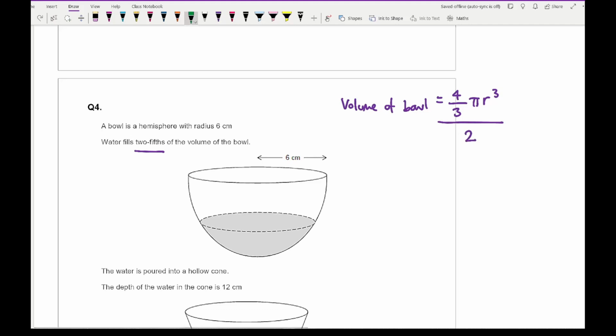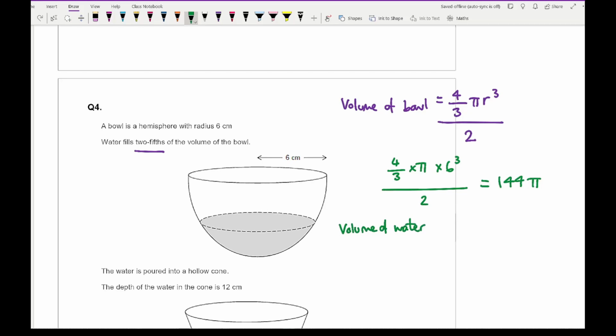So working that out, I'm going to get 4/3 times pi times 6 cubed, all divided by 2, and that gives me an answer of 144 pi. Now you could work out what the decimal equivalent is, but I'm just going to leave it in terms of that. Now I then need to work out the volume of the water, which is 2/5 of the bowl.